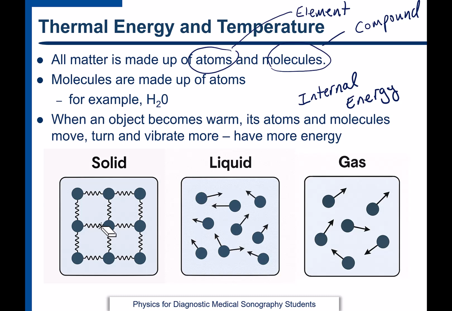And when the object gets warmer, those atoms or molecules are going to vibrate more. Just like in a liquid or a gas, they're going to move around more. And in a liquid and gas, they can not only move, but they can turn as well. So they can be rotating or translating, moving, as well as just vibrating like they do in a solid.